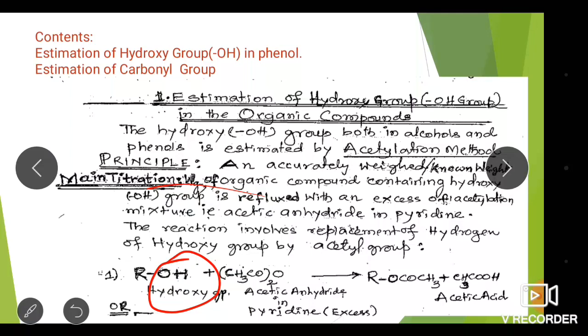An accurately weighed known weight of an organic compound containing a hydroxyl group is refluxed with an excess of acylation mixture, that is acetic anhydride in pyridine.